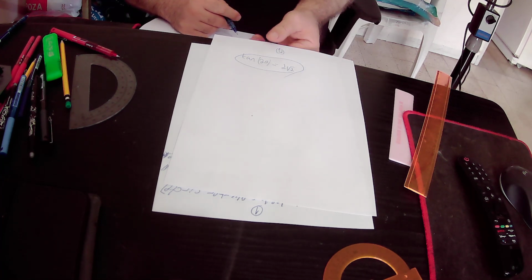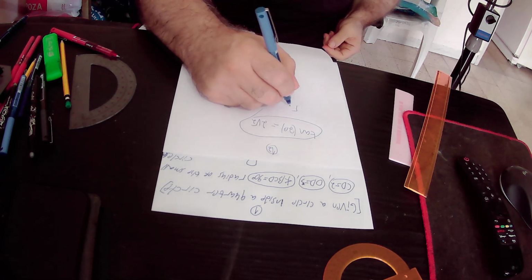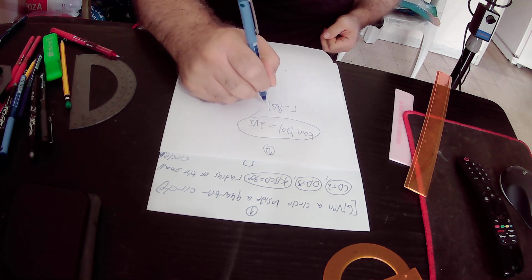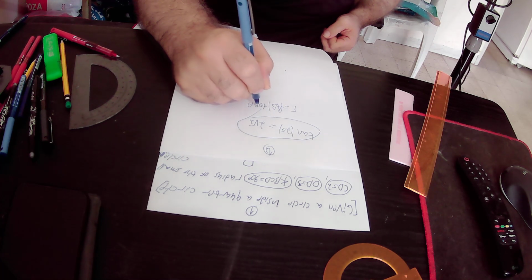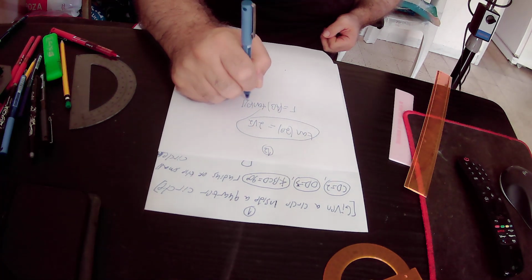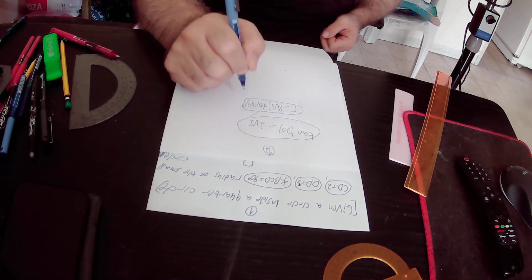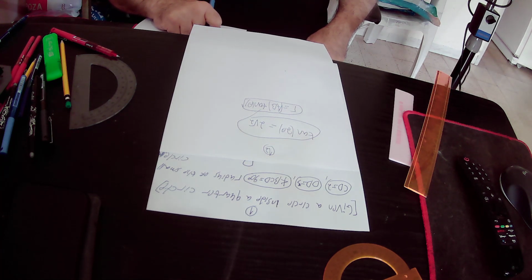We know that the radius of the small circle equals AB times tangent theta. So we have to find out the value of tangent theta, and we know that the value of tangent 2 theta is 2 times root 2.